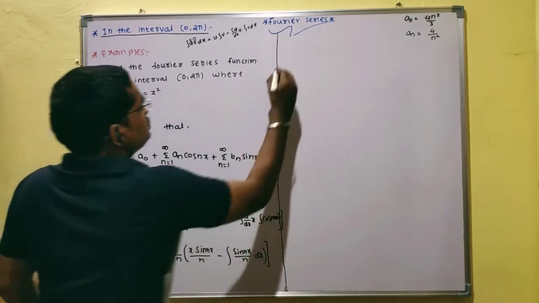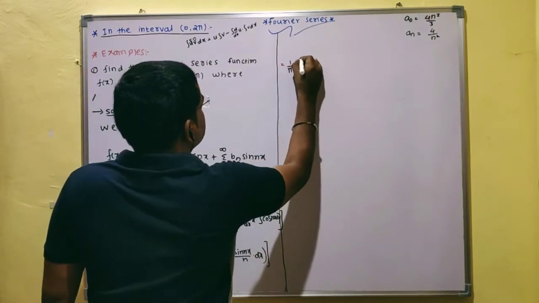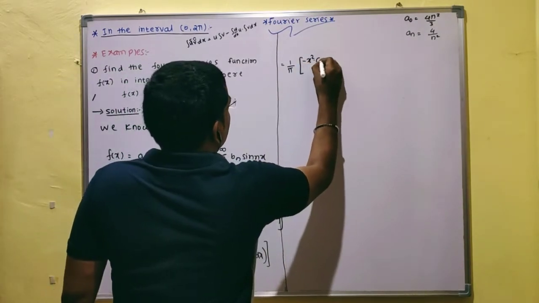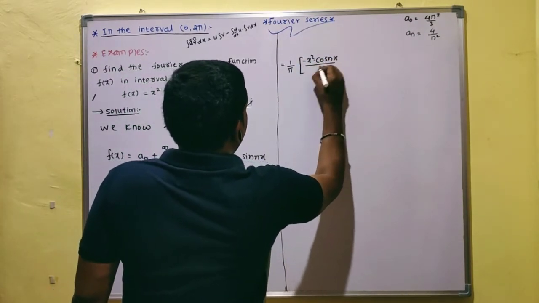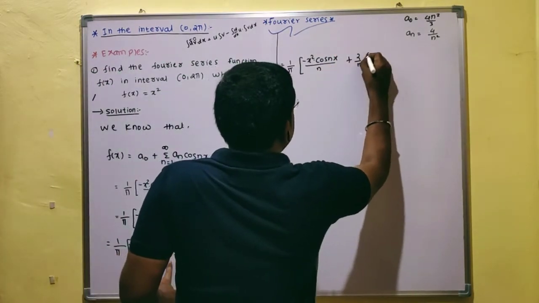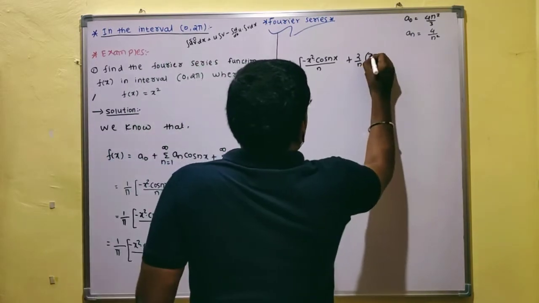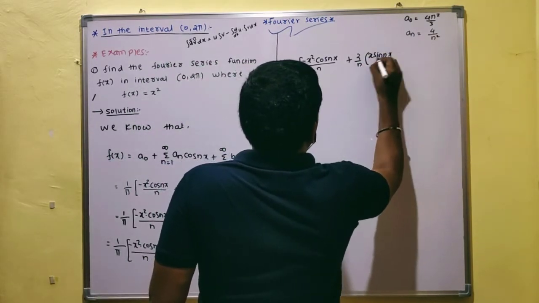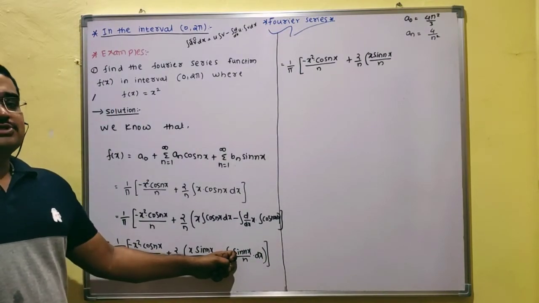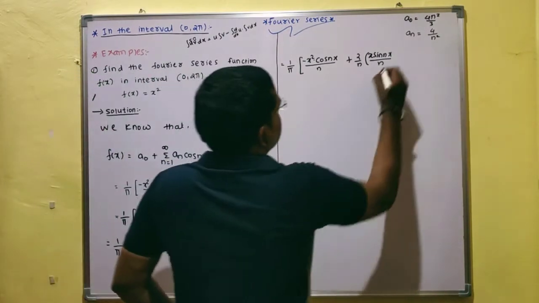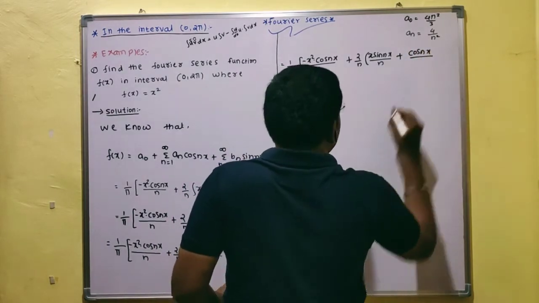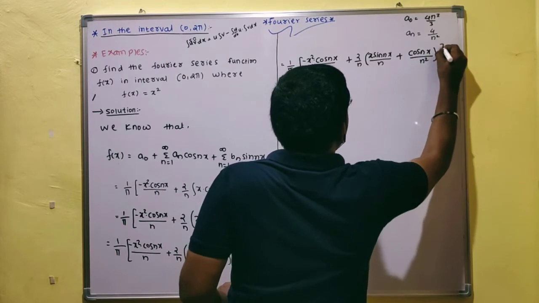Okay, which is equal to 1 upon pi as it is, in this bracket. Now this term: minus x square into cos nx upon n. Now for this term plus 2 by n as it is, in this bracket, x sin nx upon n. Now what is the integration of sin nx? Minus cos nx, minus it will become plus cos nx upon n, and this n will become n square, and the total bracket is complete.